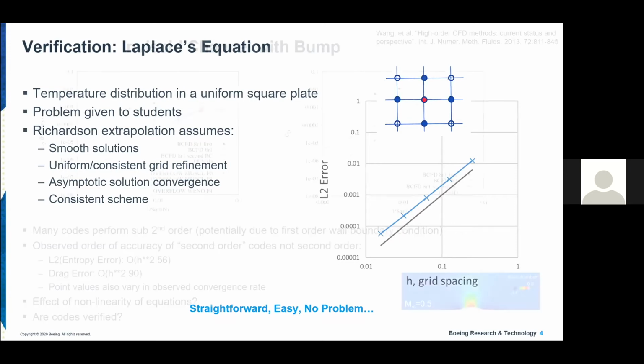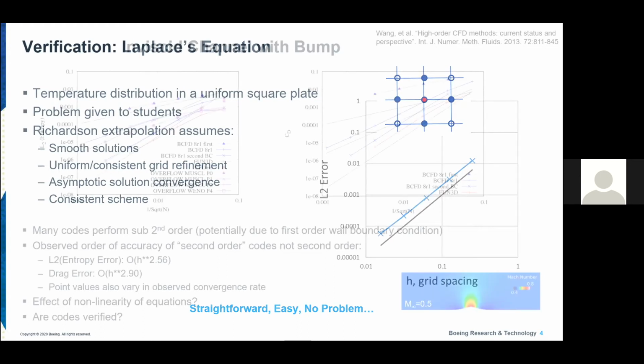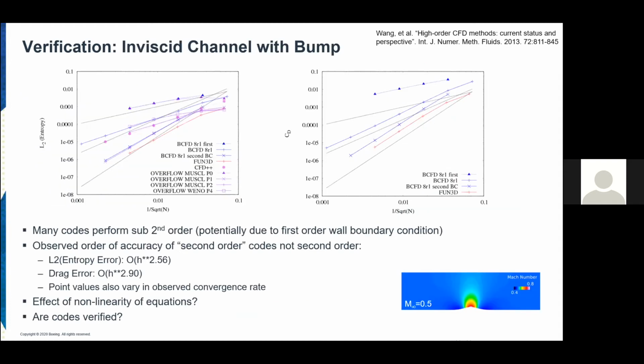But if we take it into problems that don't fit that exactly, we start to see challenges. This goes back to an example now 8 years old of looking at a simple inviscid channel with a simple bump. It's entirely subsonic with a free stream Mach number of 0.5 and a maximum Mach number of almost 0.8. In this case, it should be completely isentropic. The governing equations have nothing there to introduce entropy generation.